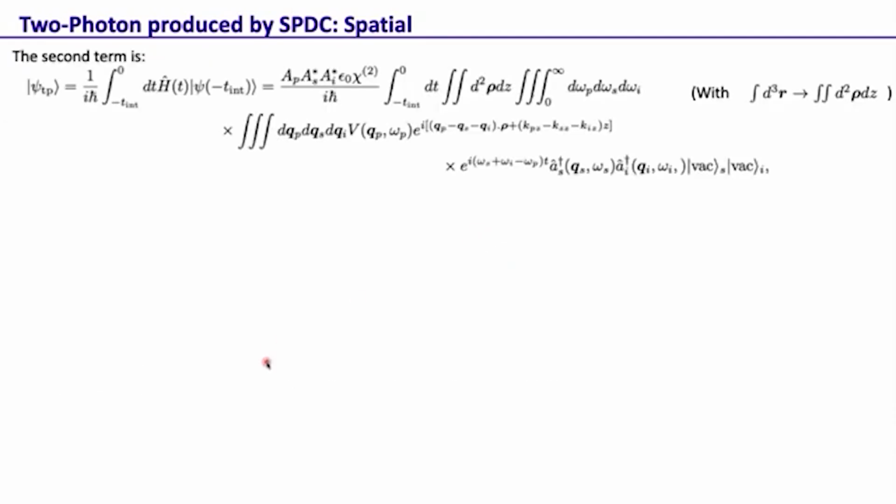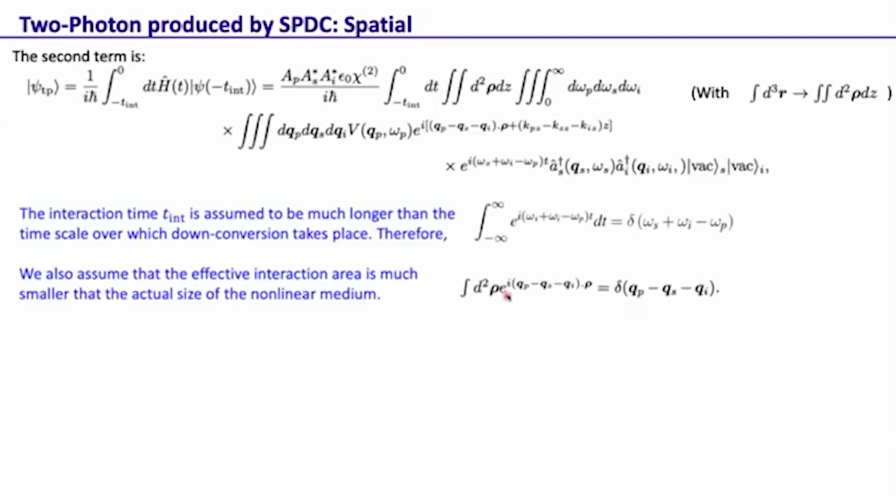So with that assumption, we can take the limits of this rho integral to minus infinity to infinity, and this way we can write this rho integral, which comes from this qp minus qs minus qi dot rho, and then this d2 rho. So this integral we can approximate as this Dirac delta function. And this is a very valid assumption in the laboratory setting, in which the size of the pump laser beam is usually much smaller than the nonlinear crystal one uses.